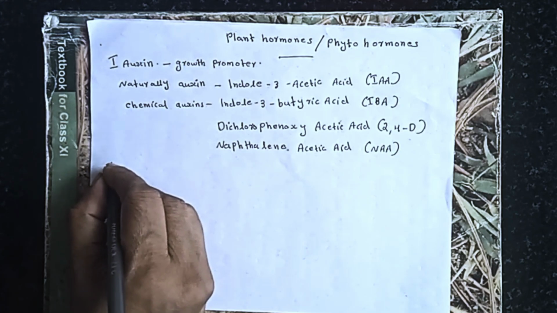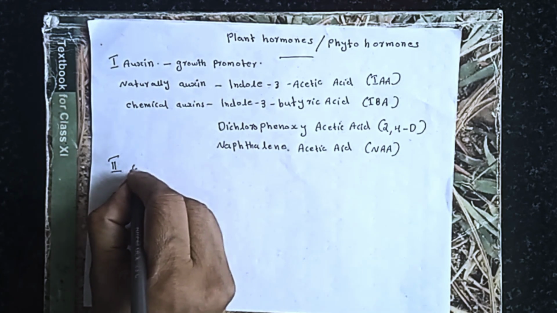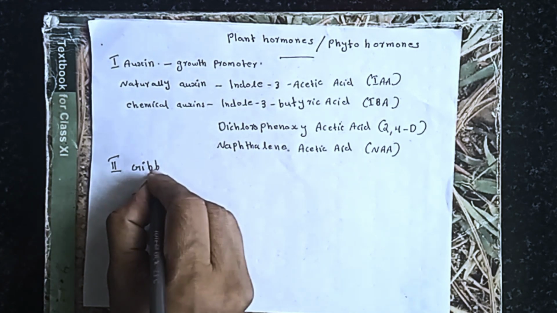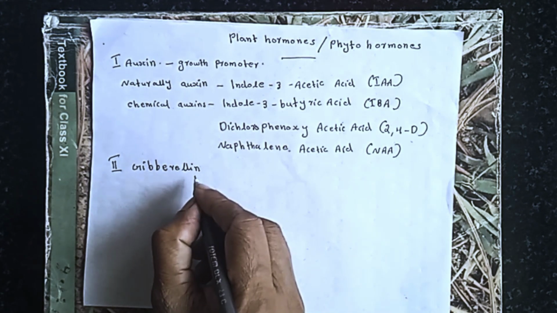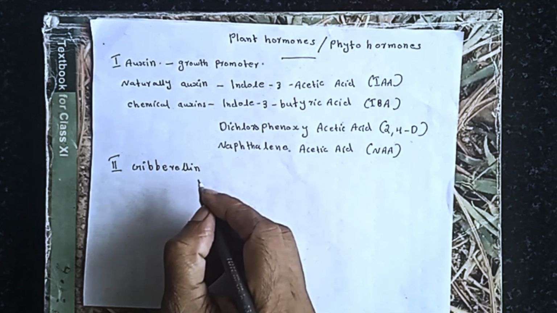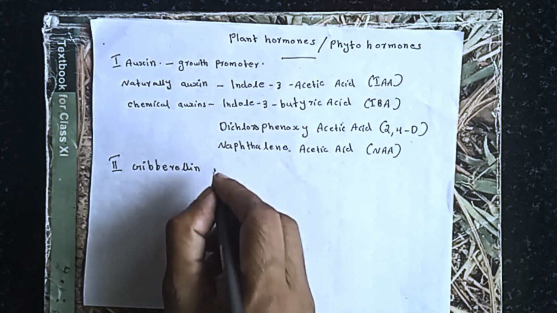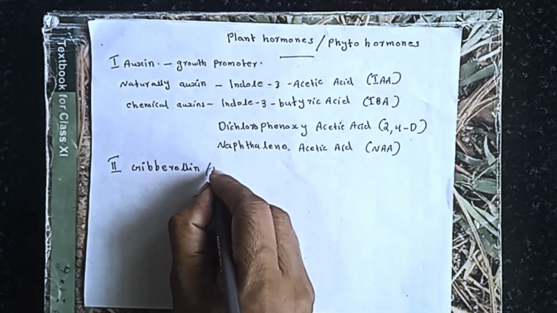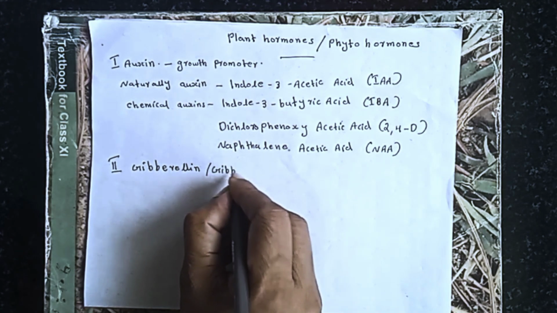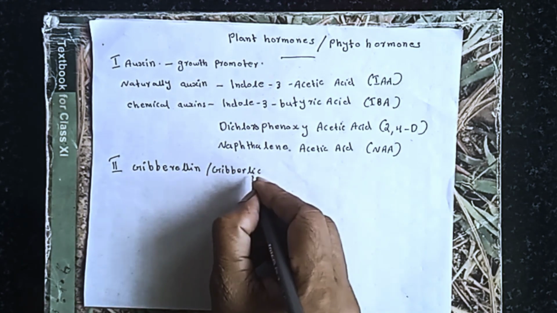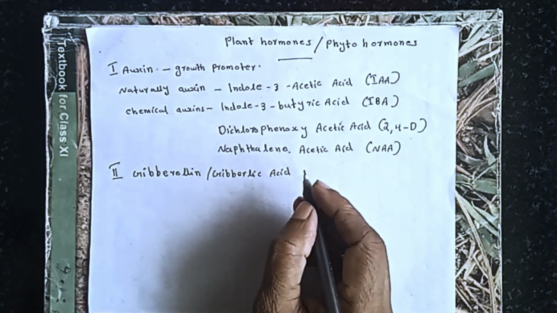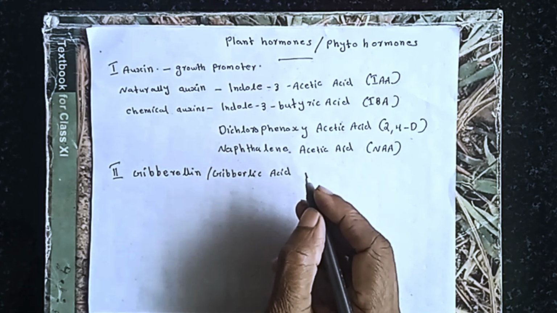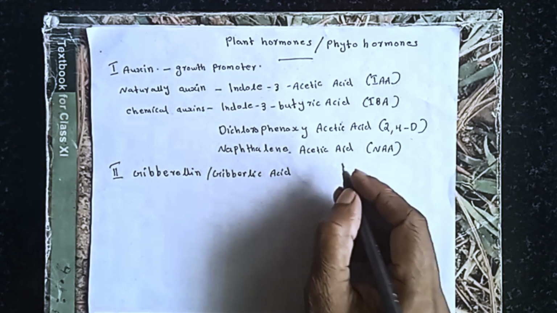Next category, gibberellin. Gibberellin or gibberellic acid was initially isolated from the fungus Gibberella fujikuroi.